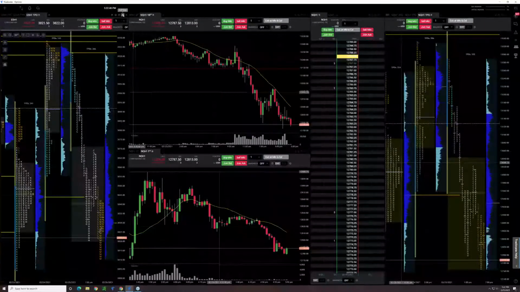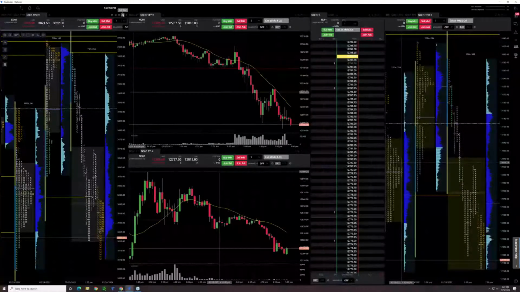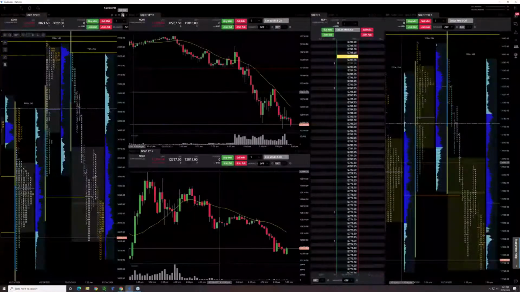I'm looking to see, is it going to continue higher, or is the seller going to come in and take advantage of that? Then you're looking for a gap fill, and does that hold? Sometimes the market gaps open higher and they just sell it from the start and it never looks back. Those are key things I look for.